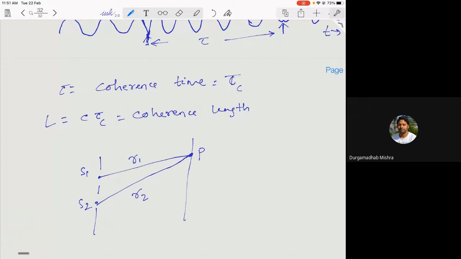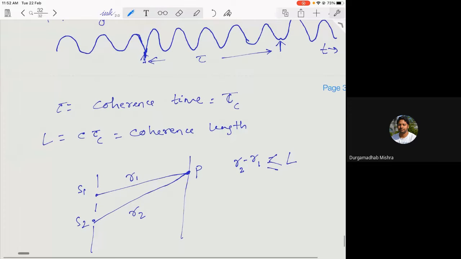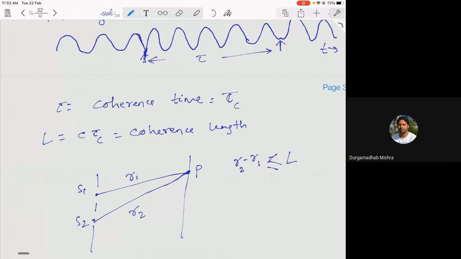So at point P, in order to observe the interference pattern, the difference R2 minus R1 should be less than or equal to L. If it is more than this coherence length, that means the wave coming from S1 travels a distance R1, and if the difference is more than the coherence length, then there will be no interference pattern.